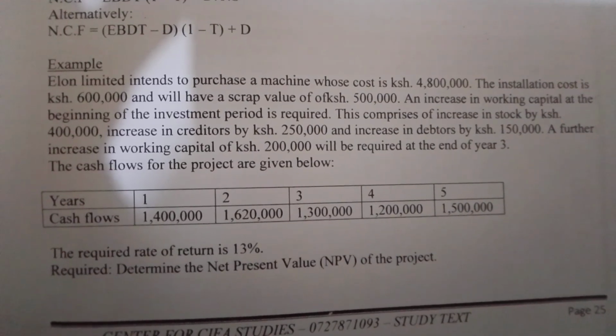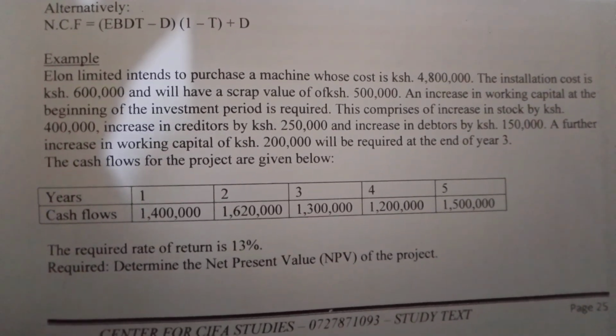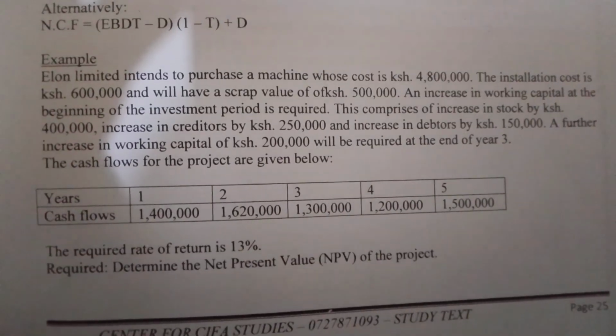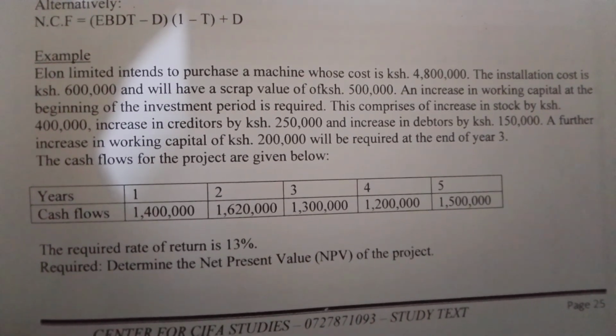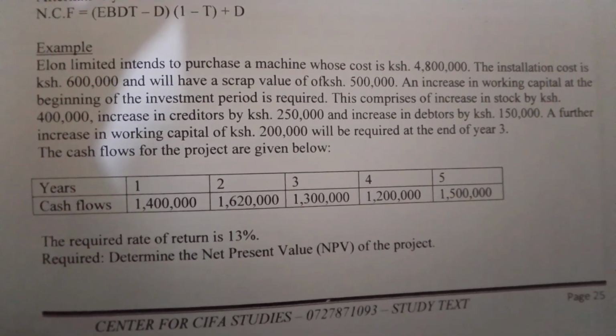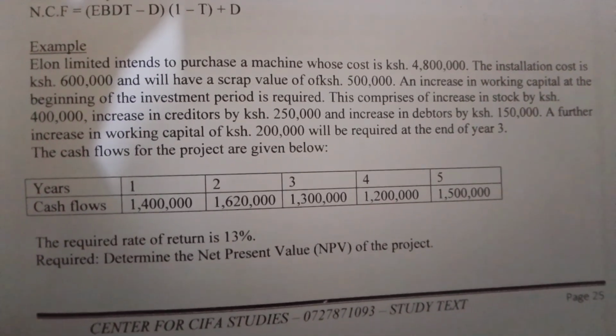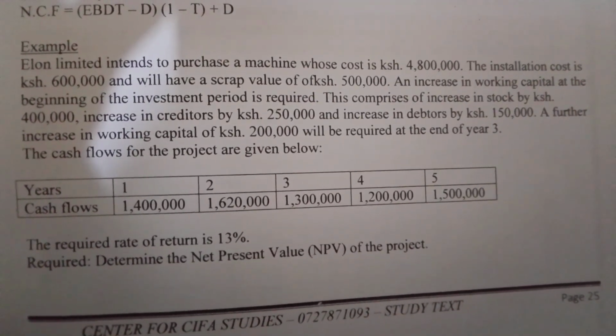This comprises an increase in stock by shillings 400,000, an increase in creditors by shillings 250,000, and an increase in debtors by shillings 150,000. A further increase in working capital of shillings 200,000 will be required at the end of year 3.